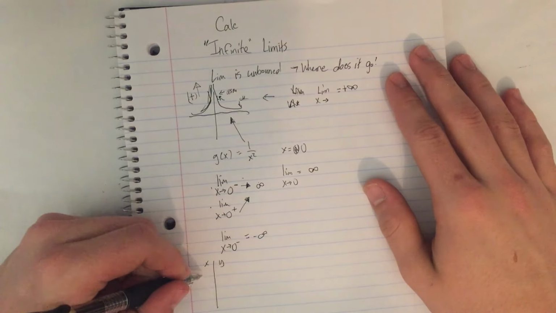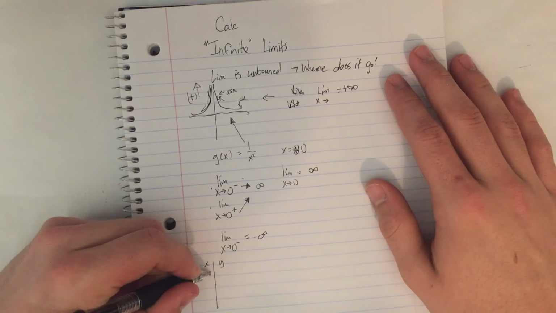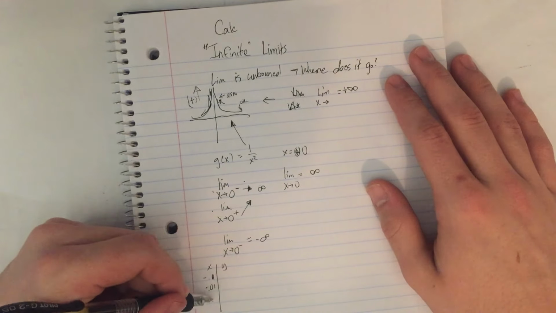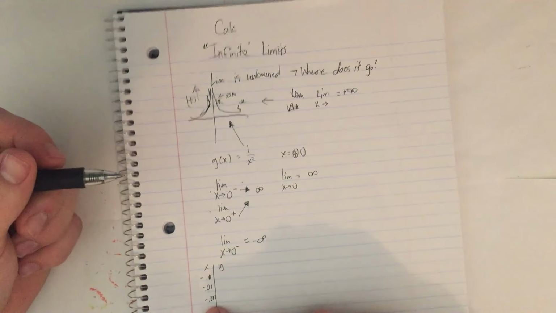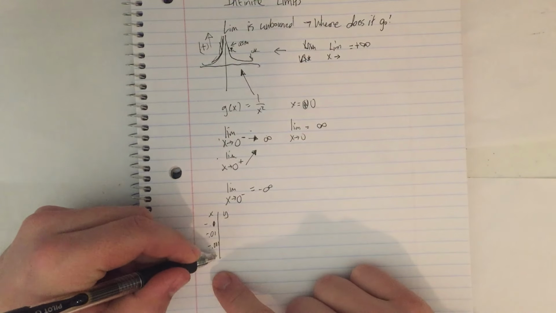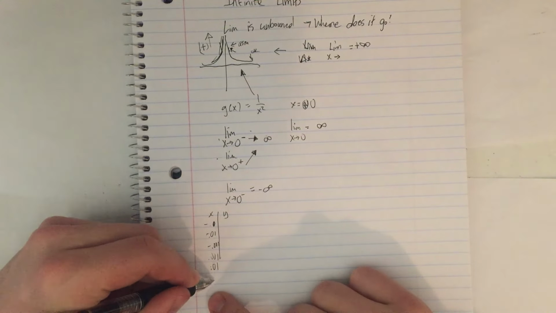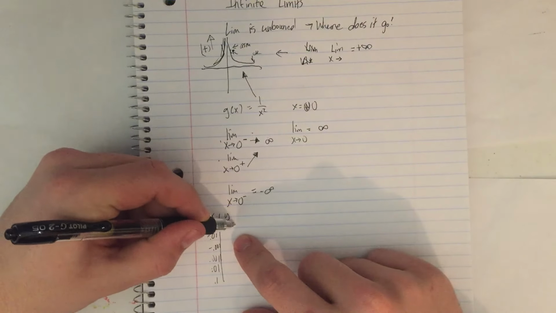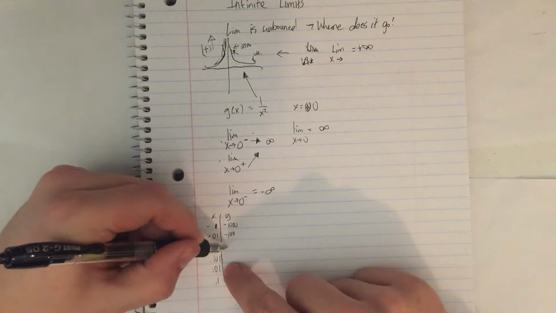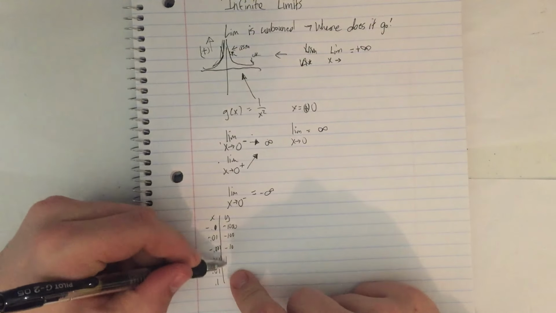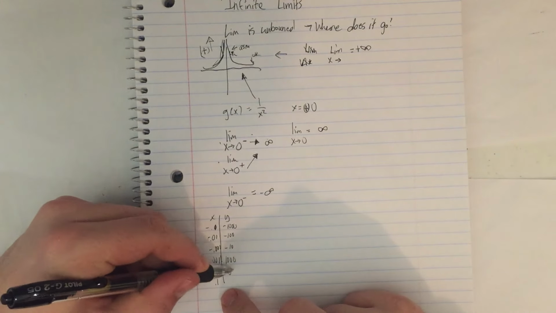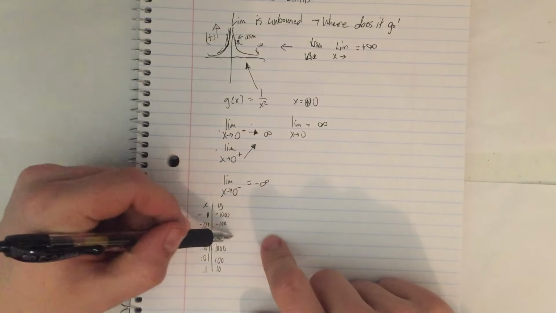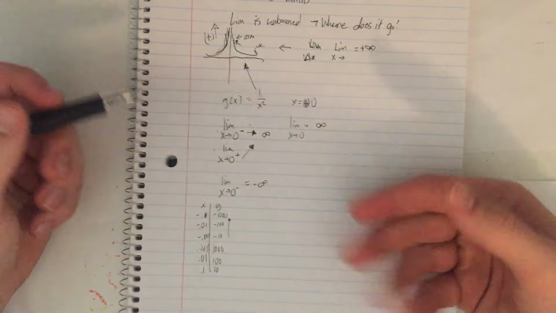If we're going to 0, it's going to be negative 0.1, negative 0.01, negative 0.001, and then 0.001, 0.01, 0.1. And let's say this is negative 1,000, negative 100, negative 10, and this is 1,000, 100, 10. So the limit as we approach from the left is negative infinity because this is getting really small, really fast.